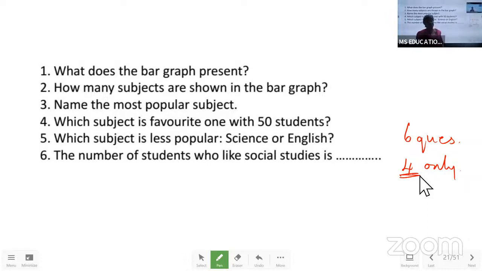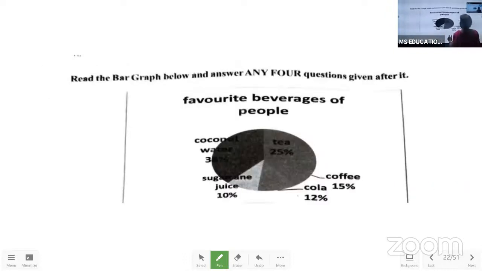The IPE board do not penalize students who write extra. But here, instead of losing a mark, it is always safer to answer all the 6. So we had done this yesterday. Now going on to the next.